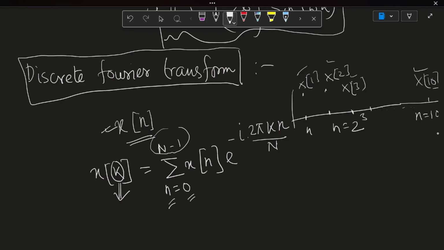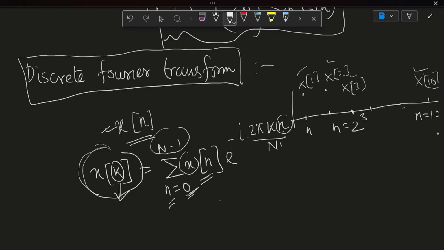In MATLAB, n equal to 0 means you are considering the first data point, and here you put that n value. Then you put n equal to 1, which is for your second data point, and here also n will be 1, and you will get an x value and the corresponding term. If we sum up all of that, then you will get Xk.